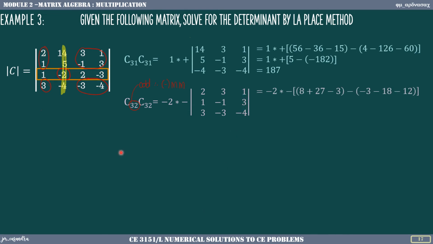So simplifying, we get negative 2 times negative quantity 8 plus 27 minus 3 minus the quantity negative 3 minus 18 minus 12, or that's negative 2 times the negative 32 minus negative 32. And that will give us a value of 130.